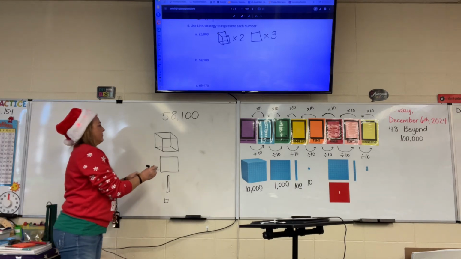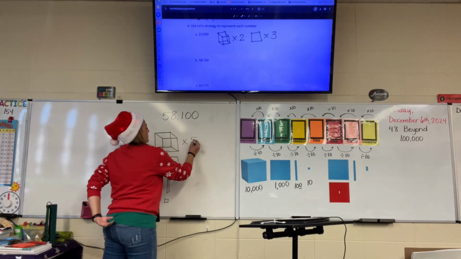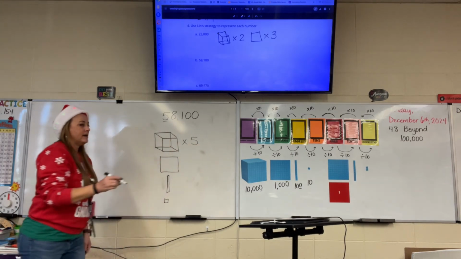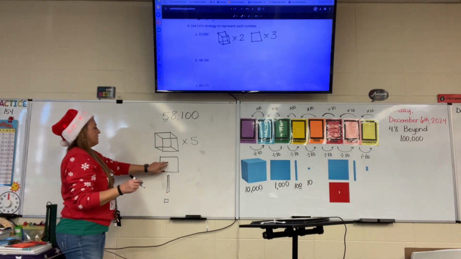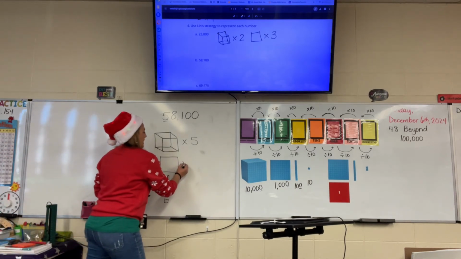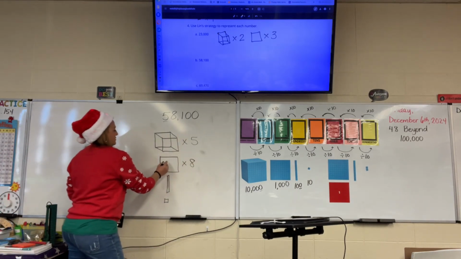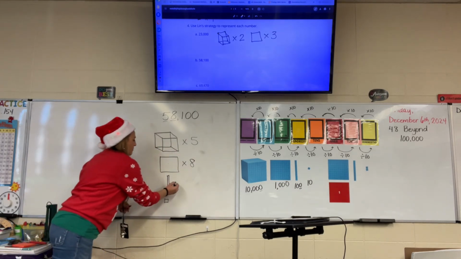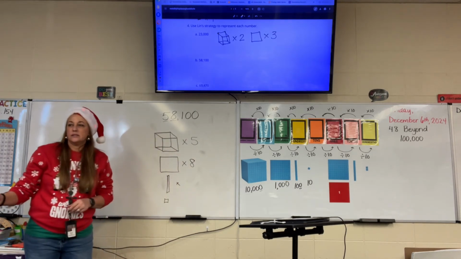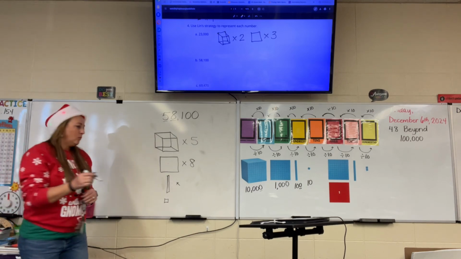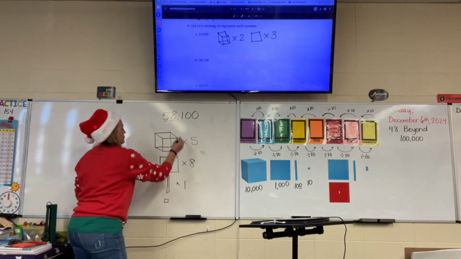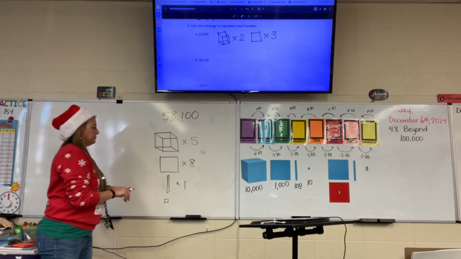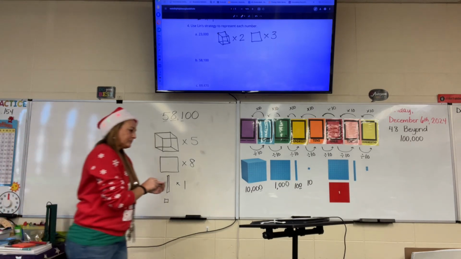Todd? 5. 5, yes, because in our 10,000s place is 5. Jackson, how many of the squares? 8, because these are thousands, and that's an 8 in the thousands place. How many of these long ones? Devin? 1. 1, because in the hundreds place there's a 1, and that's it.